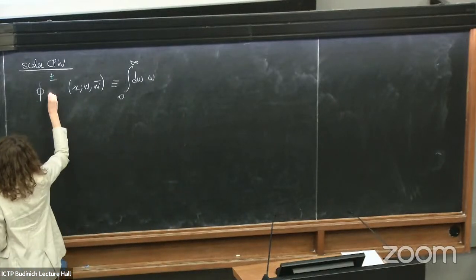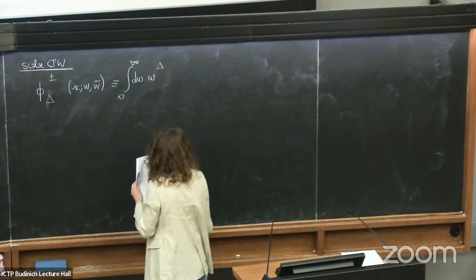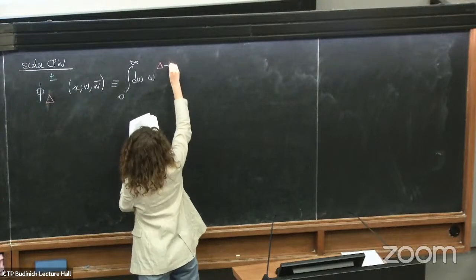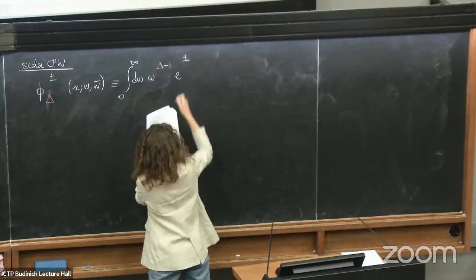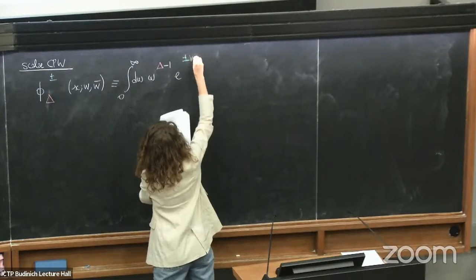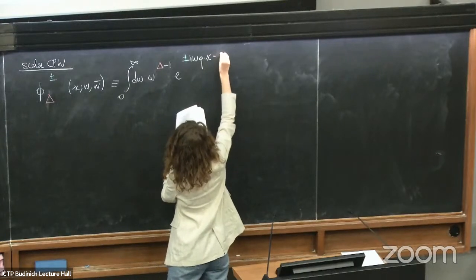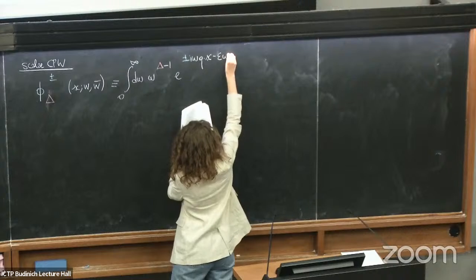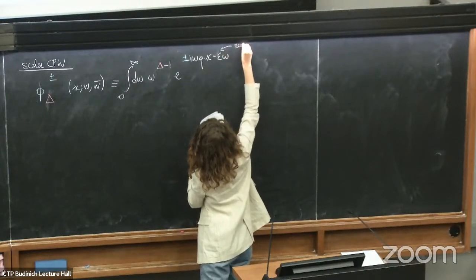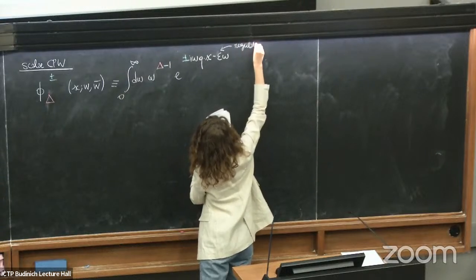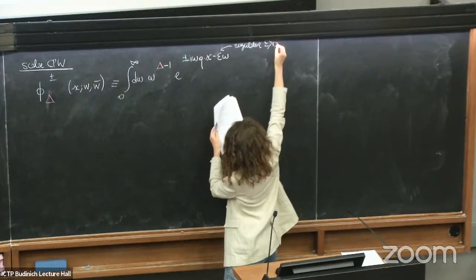Now, it will no longer be labeled by energy omega, but rather now by this quantity, this complex delta. So I'm just writing this Mellin transform for a plane wave. And this epsilon here is just some regulator, which is there to ensure that the integral converges, which is positive.